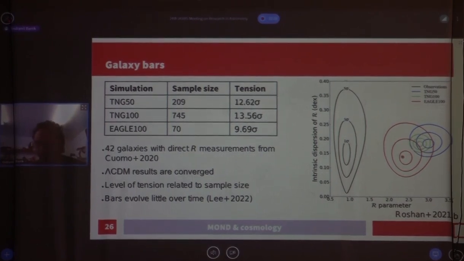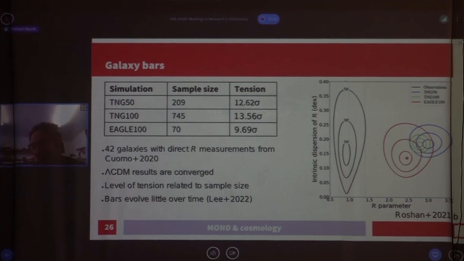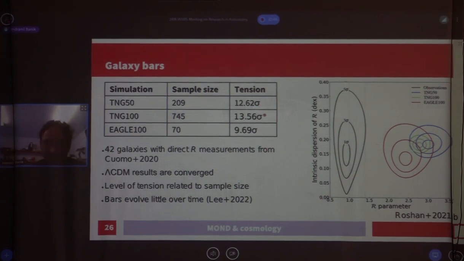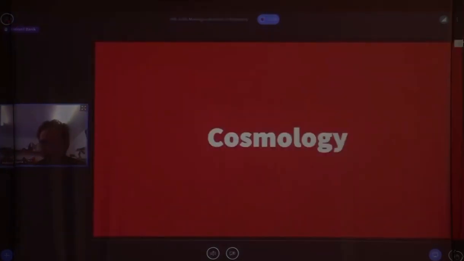That's the ratio of the bar length to the co-rotation radius. So that's in Eagle, but in TNG100 and TNG50, it's around there. Observationally, it's these black contours. So there is a very significant tension with lambda CDM. The observations rule out lambda CDM at well over 10 sigma significance. So that's the galaxy bar speed issue.